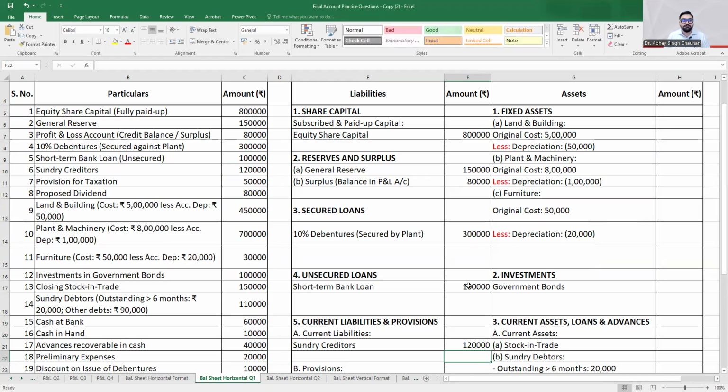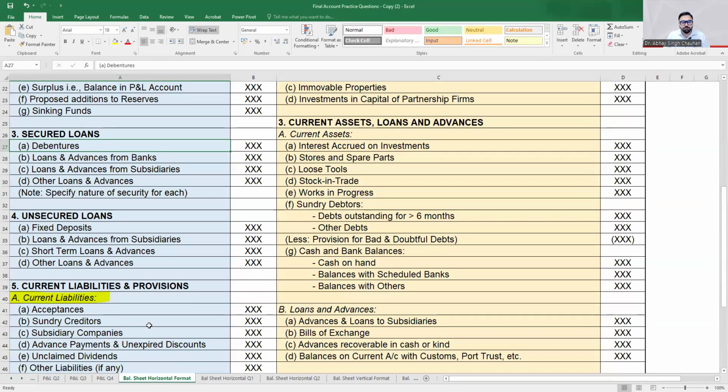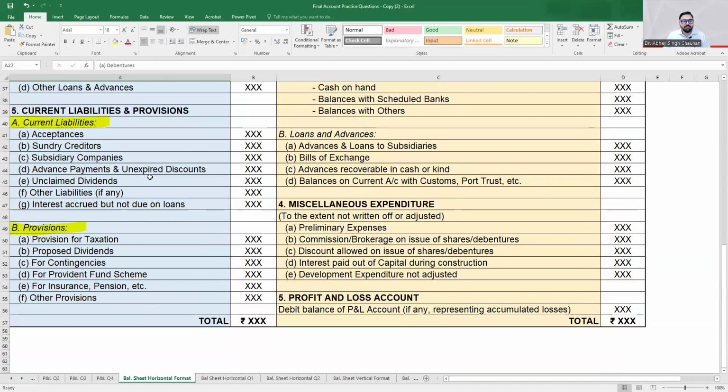Then you see you have a provision for taxation. If you remember the format, I'll just go through the format again. In the current liabilities and provisions category on the liability side, you have two categories, that is current liability and provisions, right? In current liability, there was only one item, that is sundry creditors, so that item you have shown in the current liability.